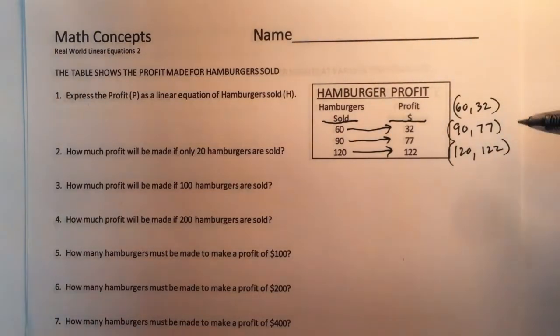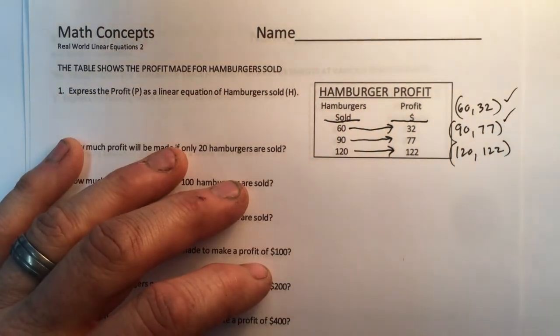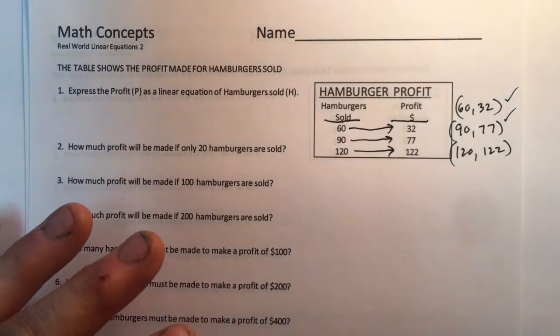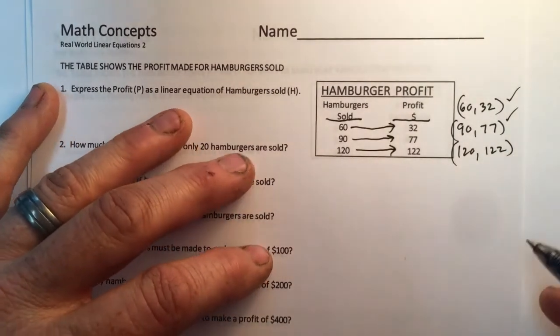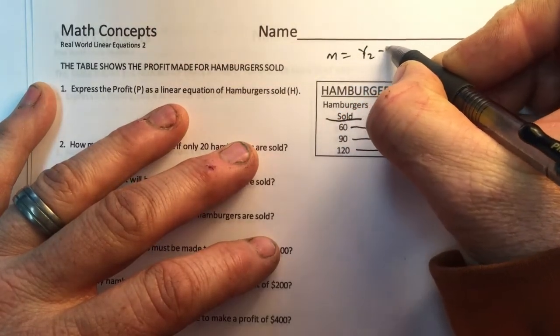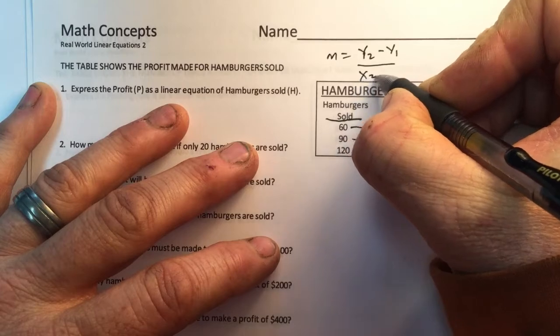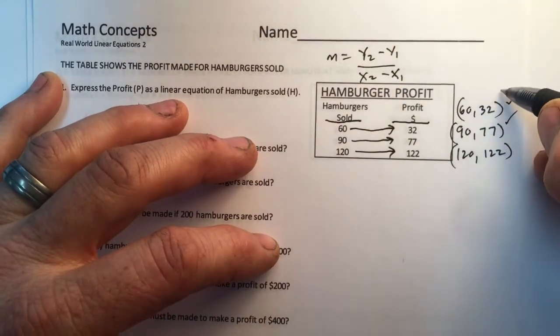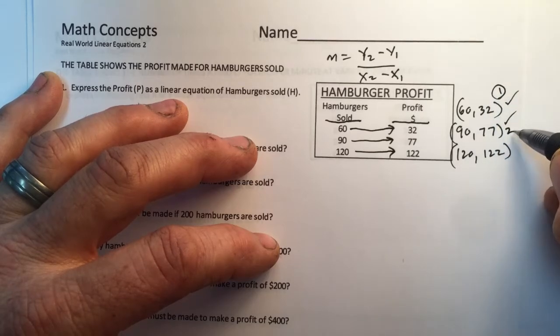So you just have to pick 2 of these points. Well, I'm just going to pick these 2 lower ones, the first ones. You could pick whichever 2 points you want to. But I'm going to take those 2 points, and I got to find the slope. Now remember, here's the slope. Y from point 2 minus y from point 1 over x from point 2 minus x from point 1. So since this one's first, we'll call that one point 1. We'll call this one point 2.